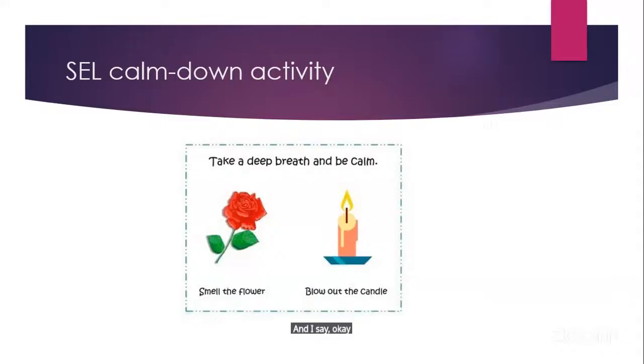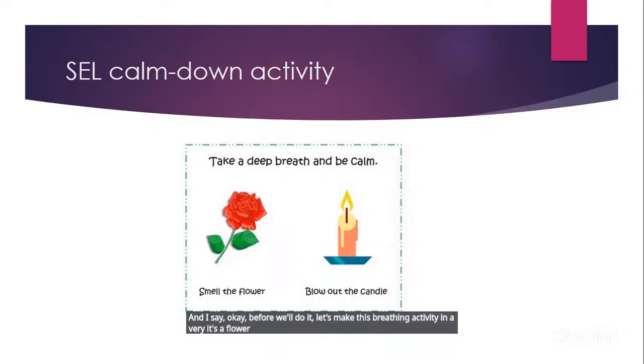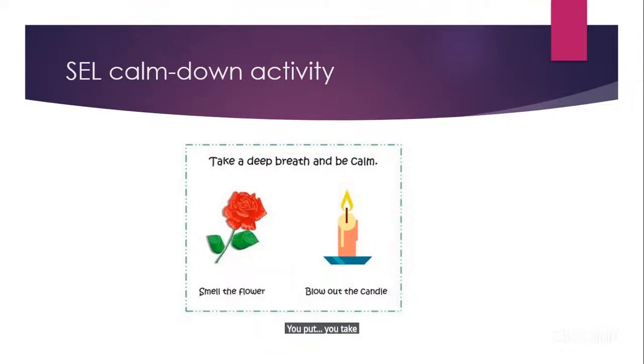before we do it, let's do this breathing activity. It's a flower, and I give them a situation. Imagine you are going to a garden where there are so many beautiful roses, and you come up to one rose, you take this rose and you want to smell it. So I put this picture in their mind.